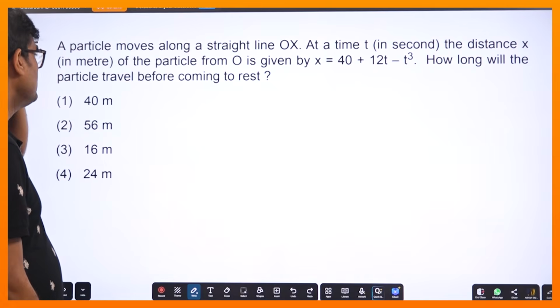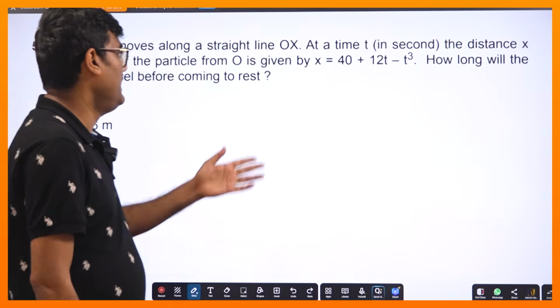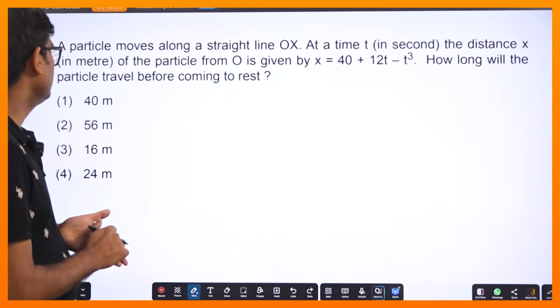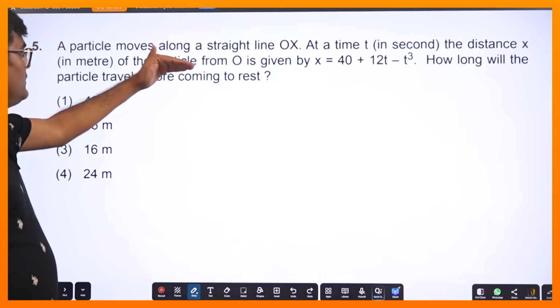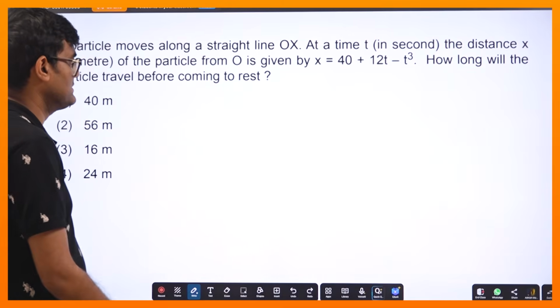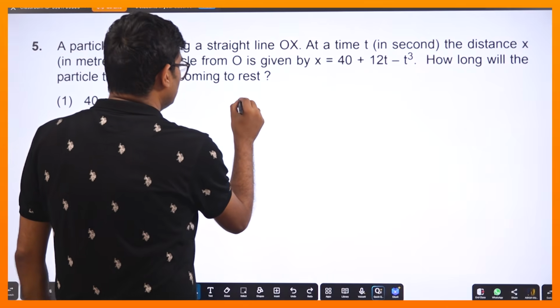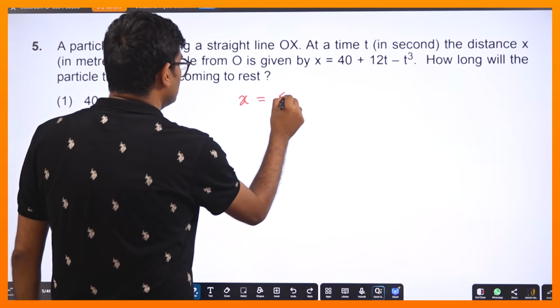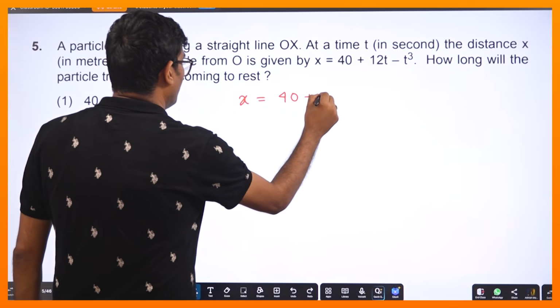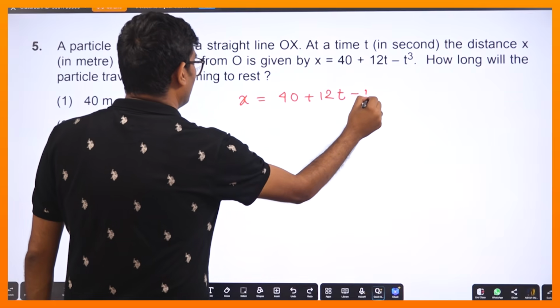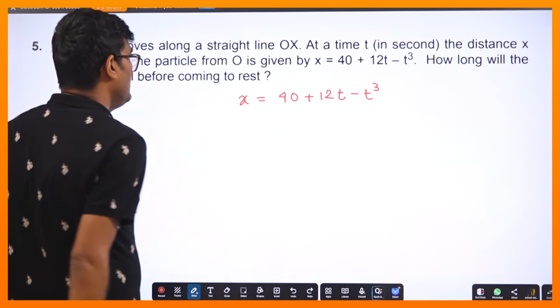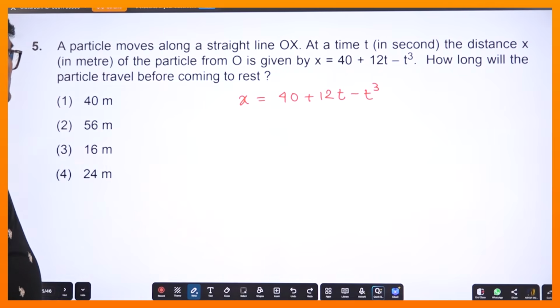A particle moves along a straight line OX at time t. The distance x of the particle from O is given by x equal to 40 plus 12t minus t cube. How long will the particle travel before coming to rest?